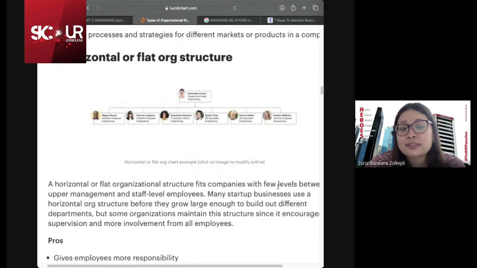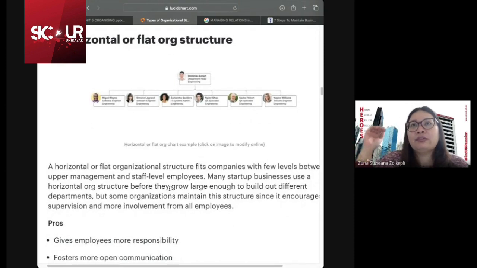Very few levels, right? The pros here is because we don't have so many levels, one employee tends to have a lot of responsibility. They can make decisions for the company, all right, and then it's open communication.